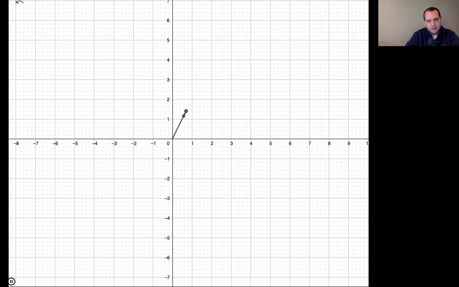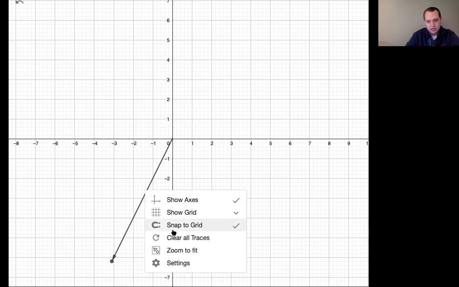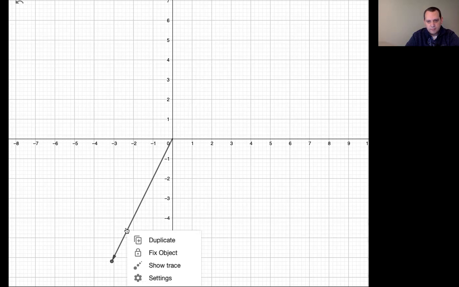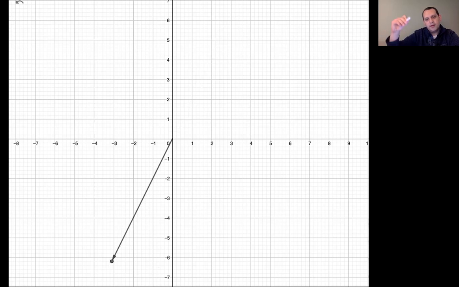Now we get smaller and then negative. If you think about all these points, we can let this trace itself out. All the points it's getting are along a line.